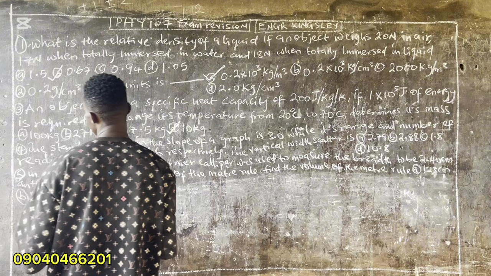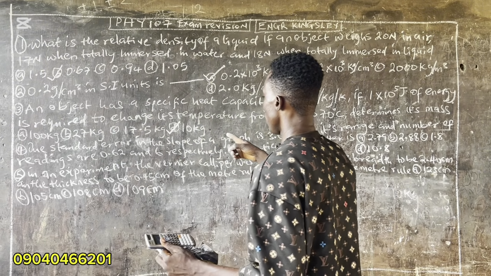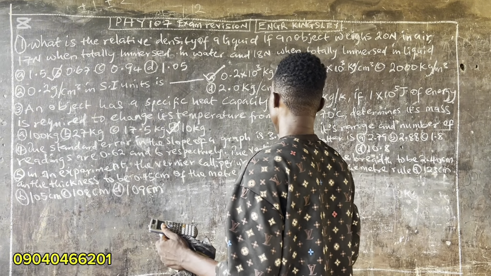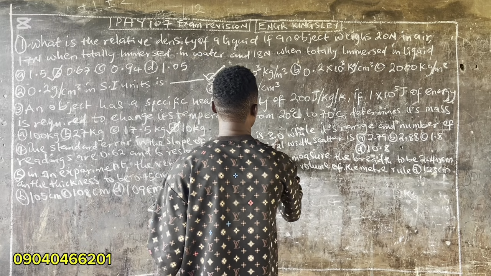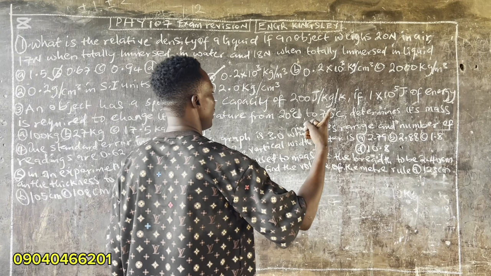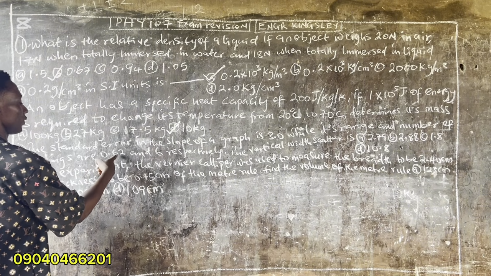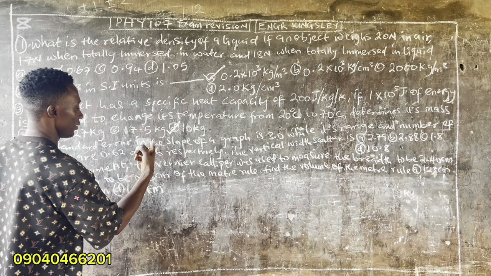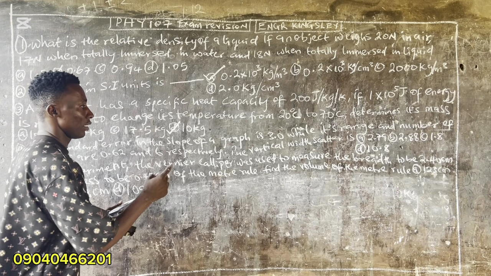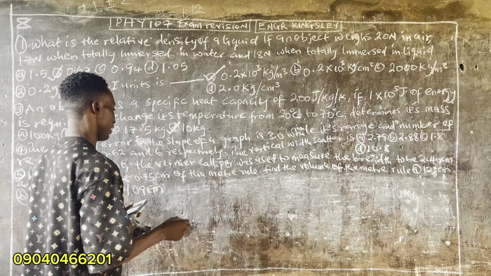Number 4: they said the standard error in the slope of a graph is 3, while its range and number of observed readings are 0.62 and 6 respectively. The vertical width scatter is dash.